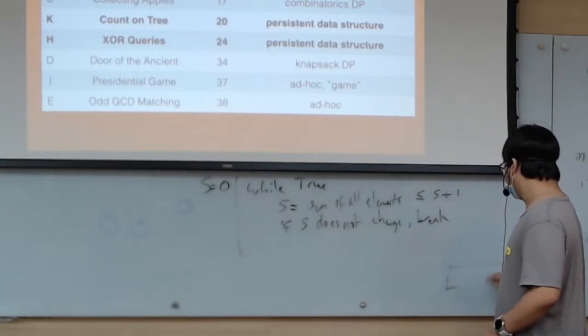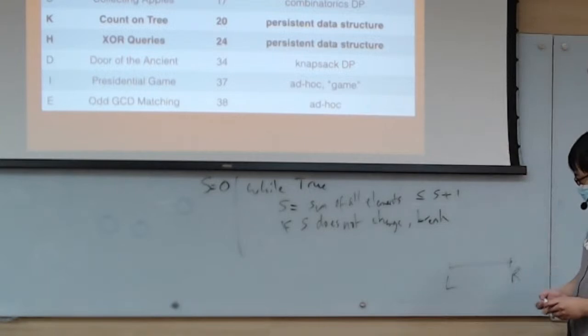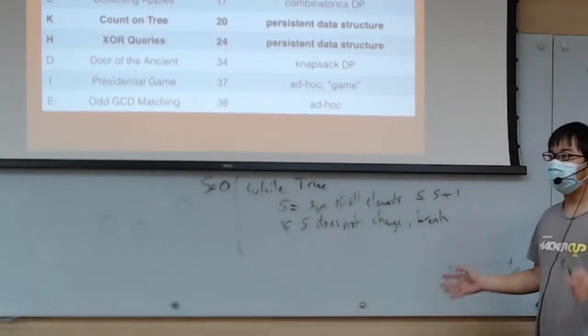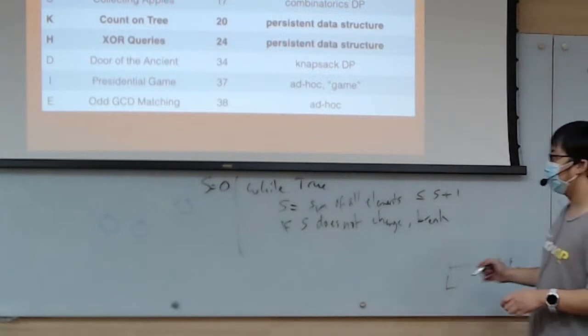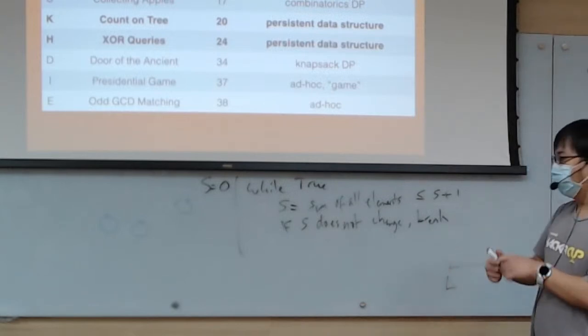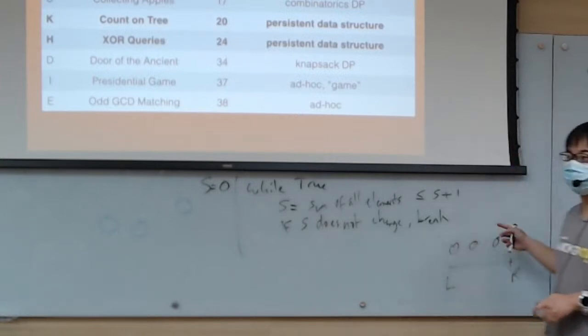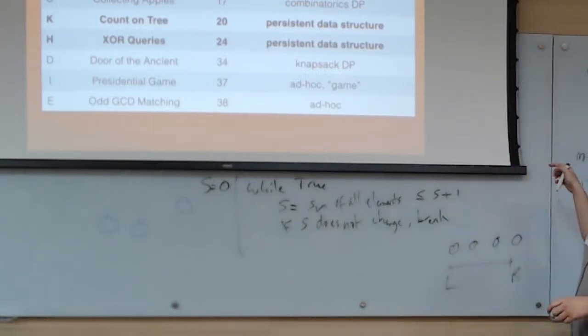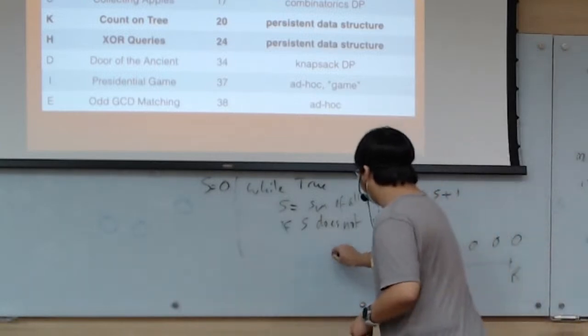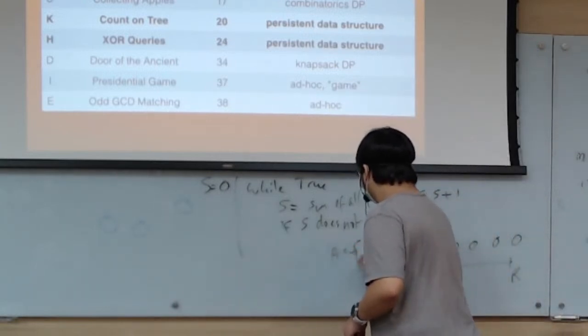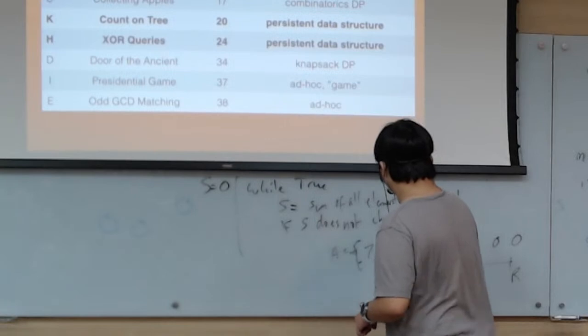To answer LR, that's why I wrote persistent segment tree, because you can create a segment tree that stores the nodes in the segment tree as the values sorted in increasing order. So let's say A is 7, 1, 4, 2.